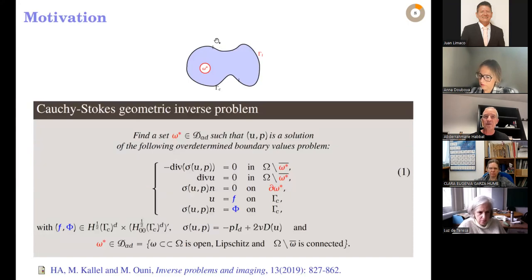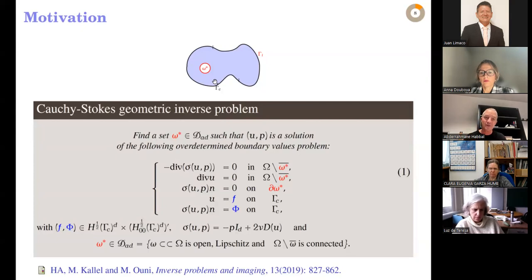You may imagine there are walls here and here, so we are not able to access gamma I, or there is a body or anything that makes physical accessibility to gamma I impossible. And we want to recover the boundary data on gamma I with over-specified boundary data on gamma C.